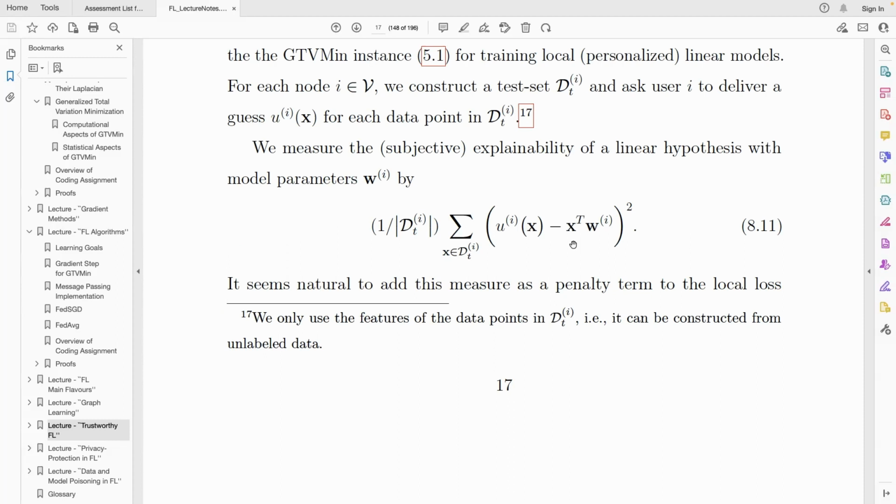So you decide on a test set D^T, a bunch of test images, and you ask the user in the experiment: what's your guess? Will this model detect if there is a cat in the image, yes or no? These predictions are this user signal. Then you see how much this user signal, the user's guesses, agrees with the prediction of the model itself. Cat, yes or no?